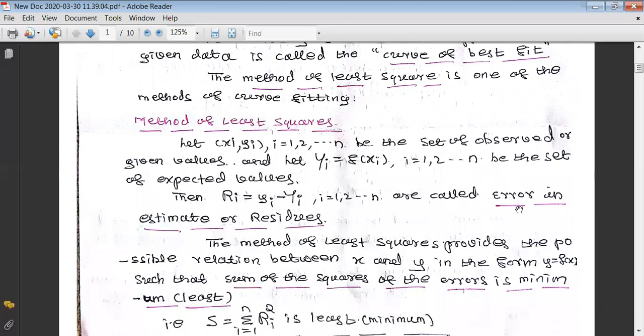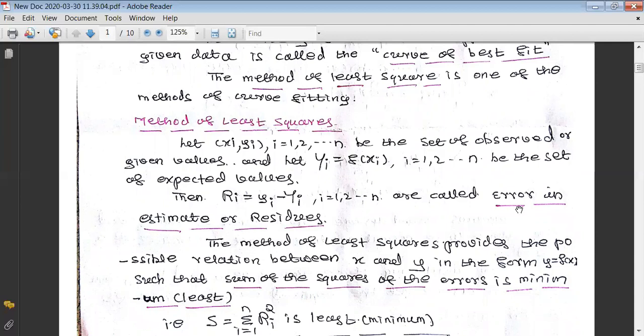Suppose we have a set of data, say xi, yi, i varies from 1 to n. And these data are expected by some mathematical law, say capital Yi equal to f of small xi, i varies from 1 to n. These capital Yi values are called the expected values.